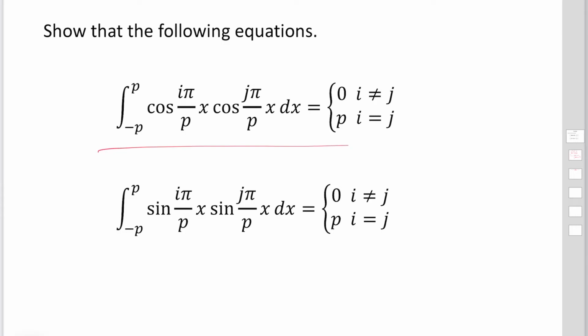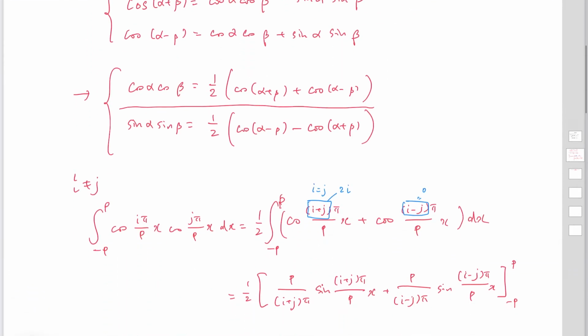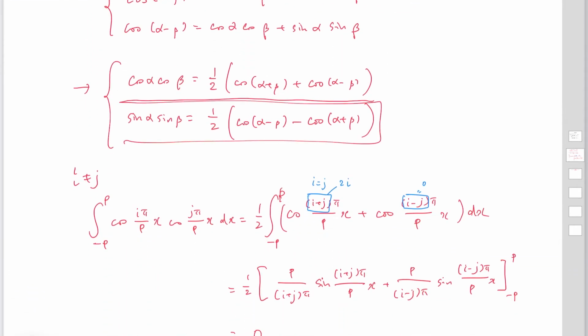When i is not equal to j, the product of the cosine functions becomes 0. When i is equal to j, it becomes p. Also, I'd like to prove the second formula using the formula for the sine.